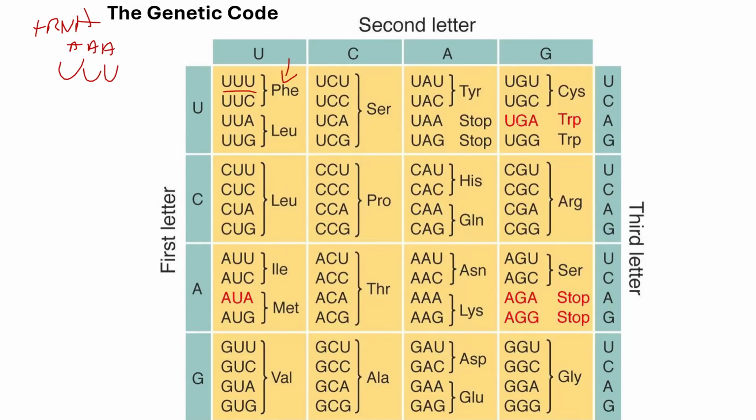This also tells us that we have our three stop codons, UGA, UAA, and UAG, all of which are the three types of signal sequences to halt or stop translation.